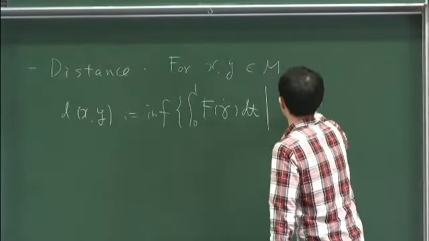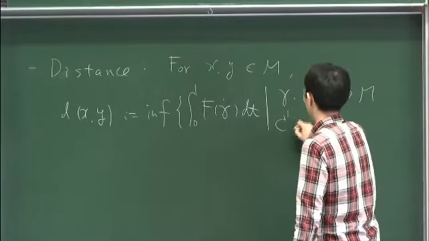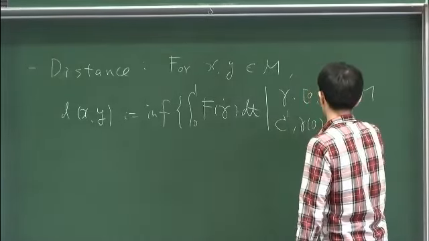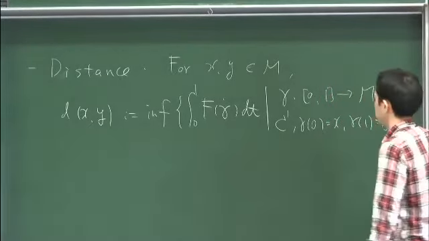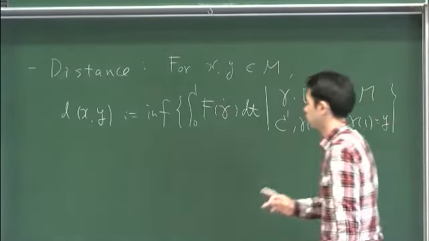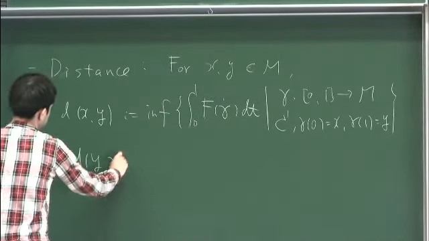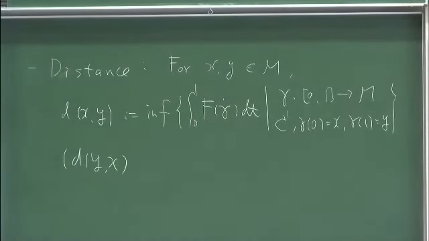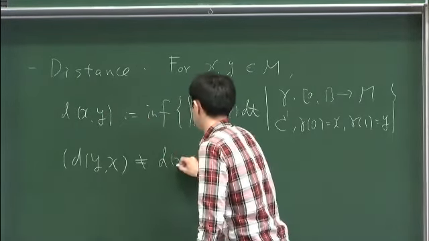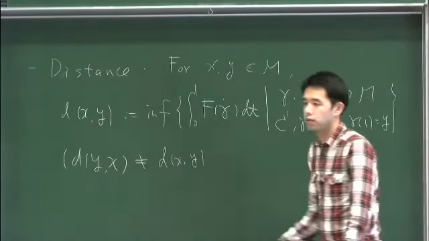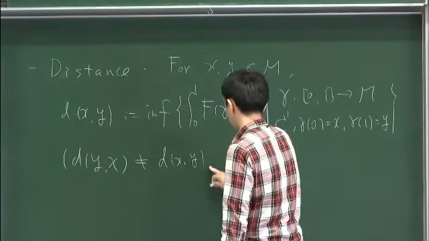Here gamma is some curve, say C^1, from x to y. But one short remark is that this is not symmetric, because our norm is only positively homogeneous. So d(x,y) does not necessarily coincide with d(y,x) in general.